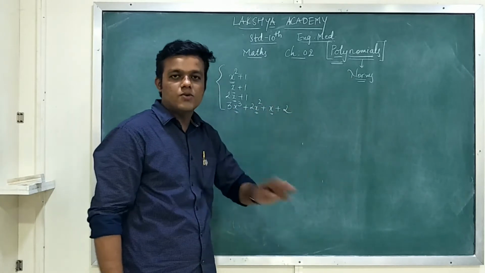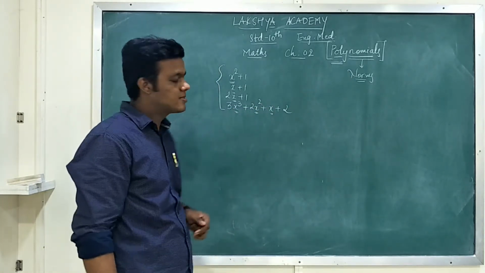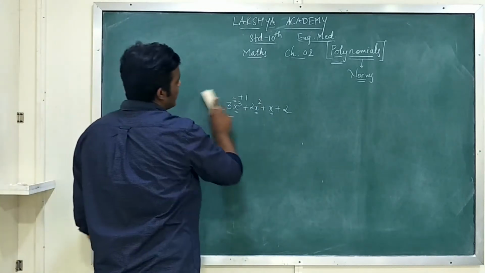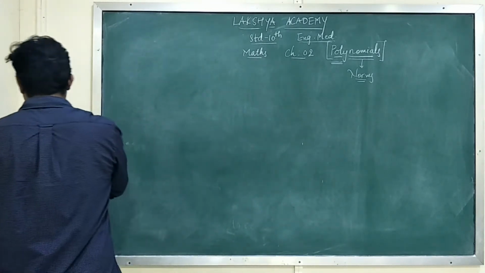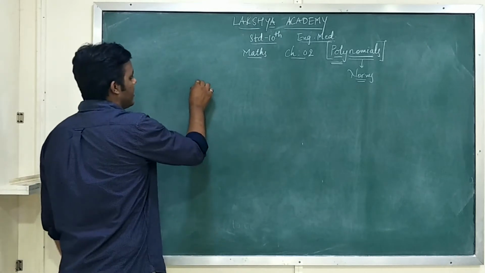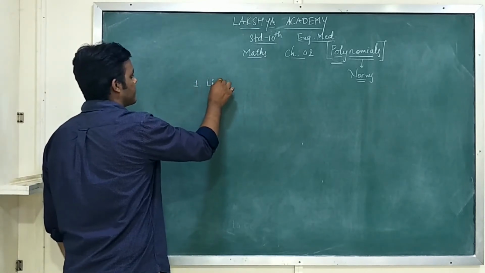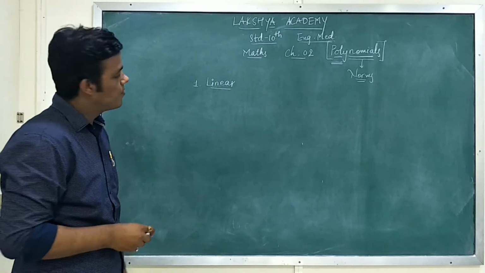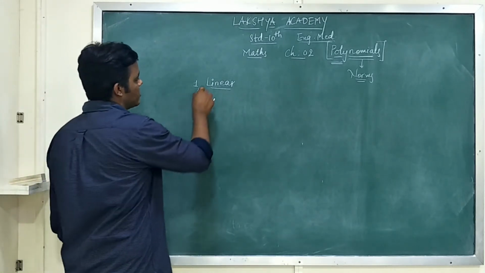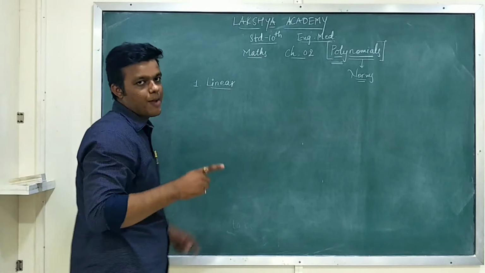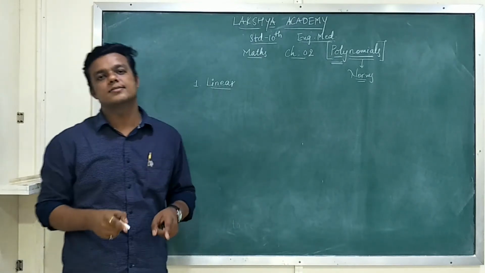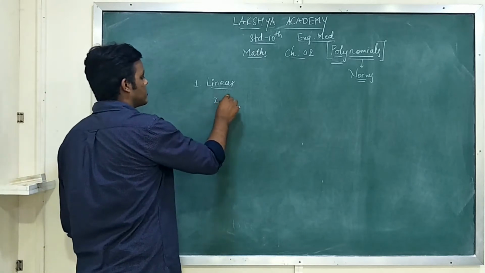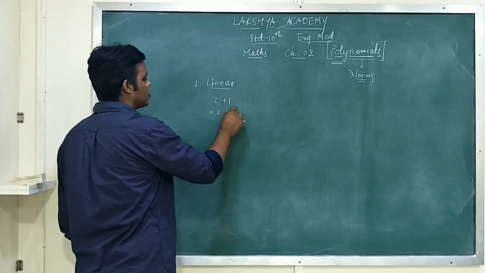If we talk about categories of polynomials, then there will be three major categories. The first one is linear polynomial. Linear polynomial means an equation or a polynomial having the maximum power of x as 1. Suppose x plus 1, 2x plus 2.